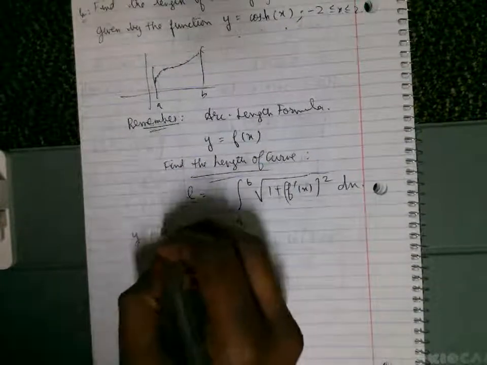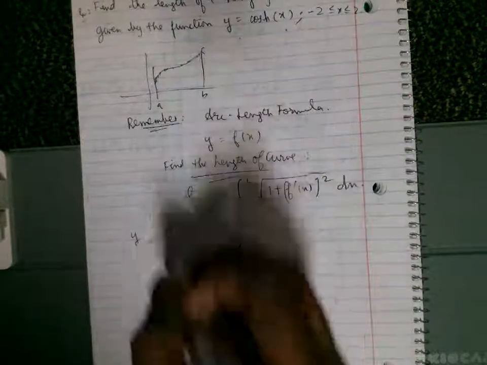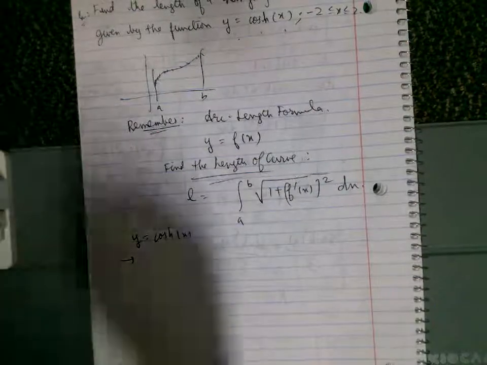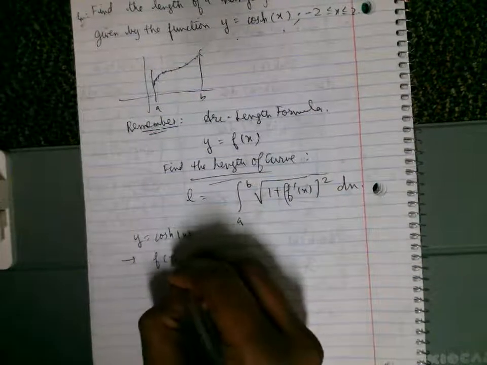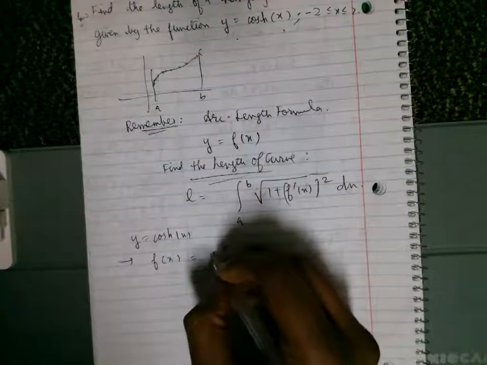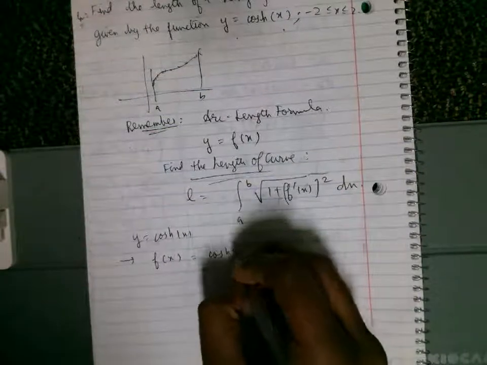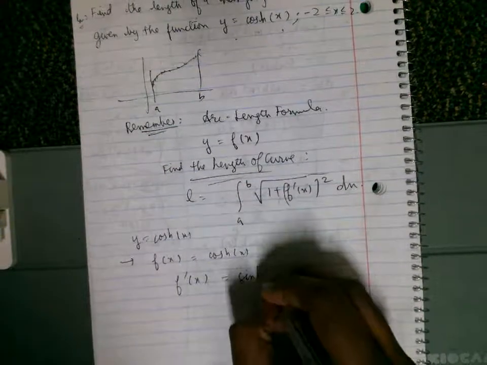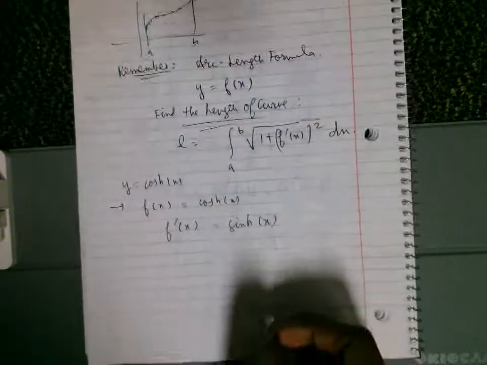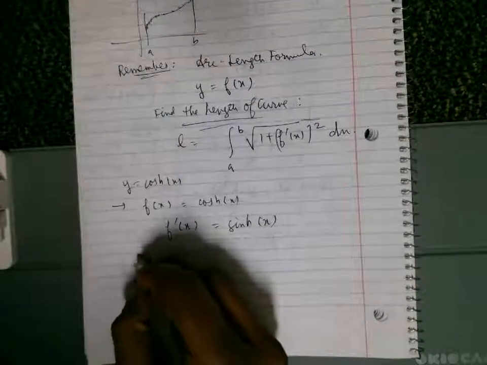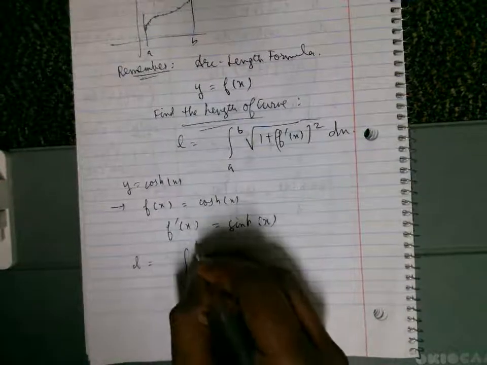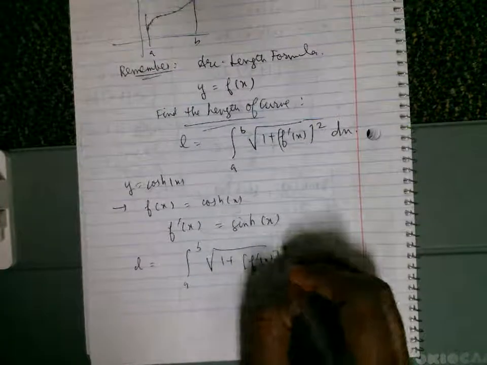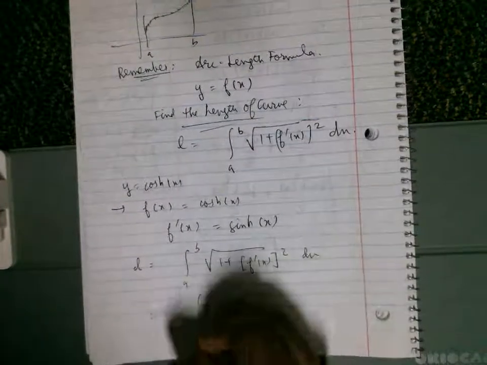We want to find the length when the curve is y equals cosh of x. So for step 1 we want to find f of x. f of x is equal to cosh of x. Then f prime of x is sinh of x. And now the formula for length is the integration from a to b of the square root of 1 plus f prime of x whole squared dx.